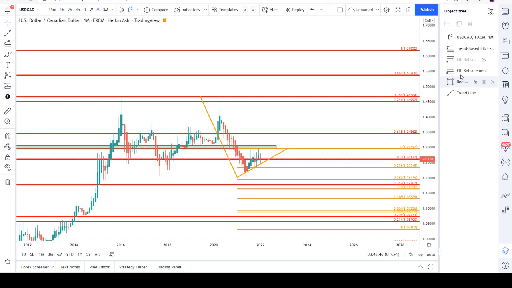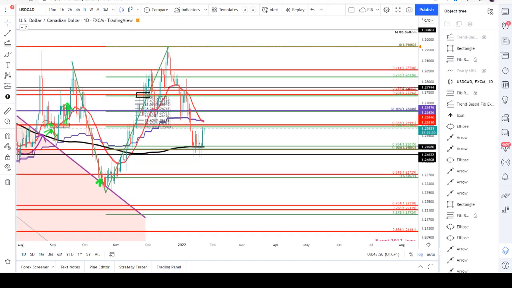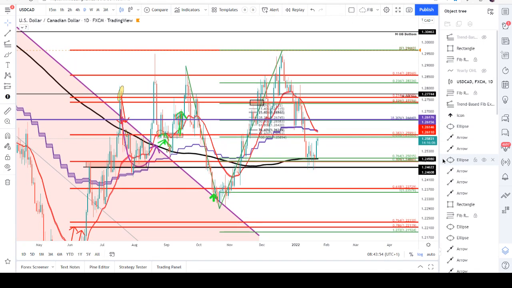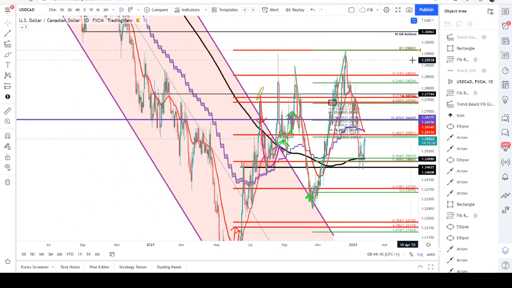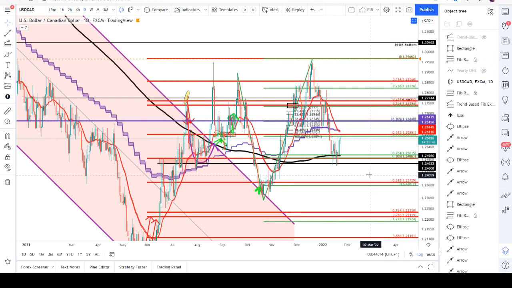Now, if we look a little bit more inside, I will take this chart for now. I have drawn that ABC down, which could be an A, B, C, even if the B should not be higher than the A. That's not something we really like, but I always draw it because sometimes it's interesting to look at them.